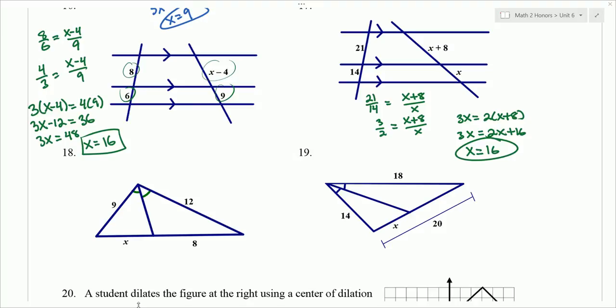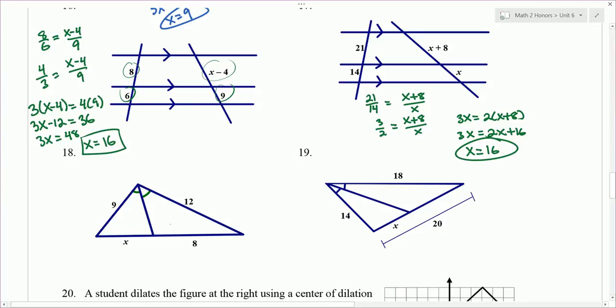For 18 and 19, notice we have an angle bisector on both of those, and there's the triangle angle bisector theorem that we can use here. And here's how it goes.